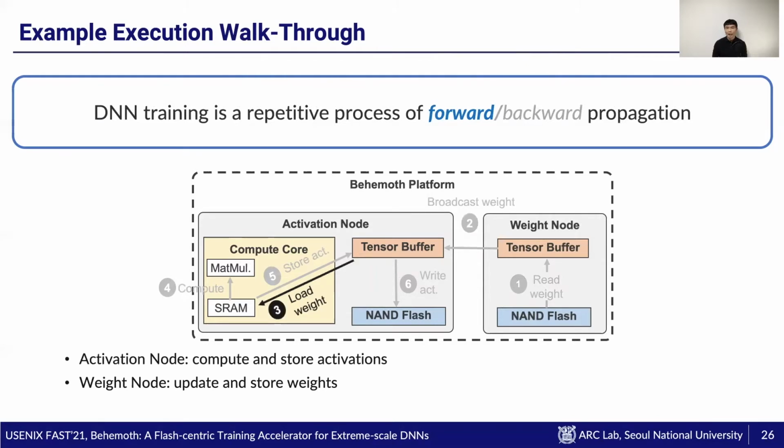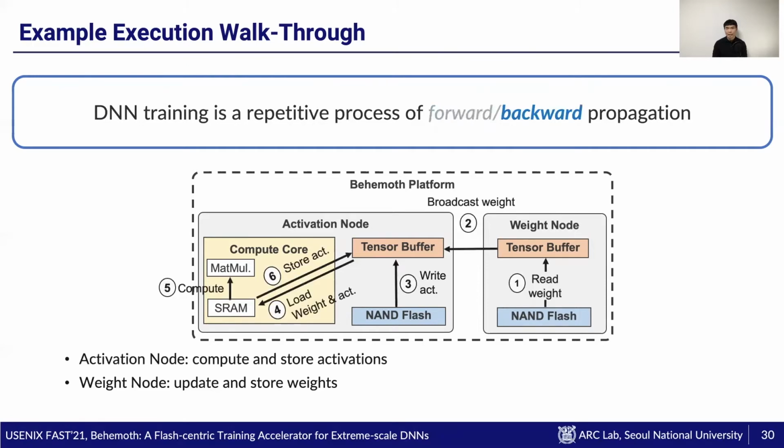In step 3, weights are loaded into SRAM of their compute cores, and then compute cores perform matrix multiplication using those weights. After computation, the activations are stored back to their tensor buffer, which are finally returned to the NAND flash memory. And backward propagation proceeds in a similar way to forward propagation.